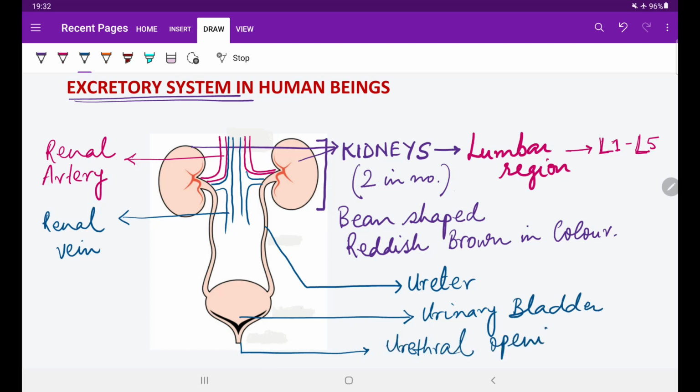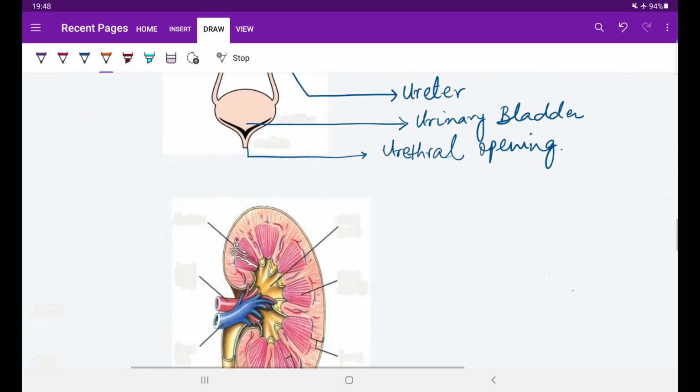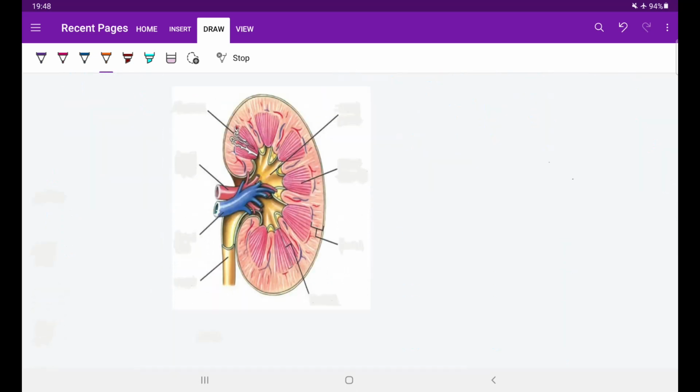So, in a nutshell, we have just understood the human excretory system. Now let us see what we observe when we take a lengthwise section of the human kidney, generally called the LS of the human kidney, the longitudinal section.